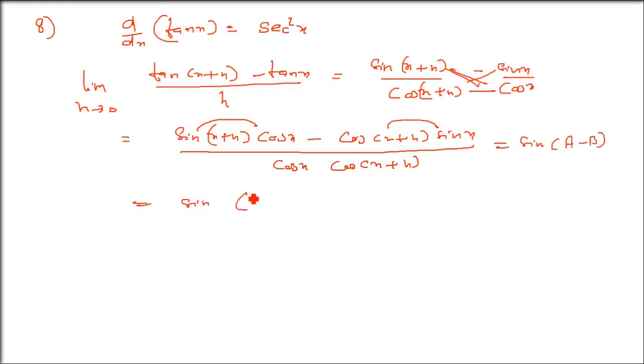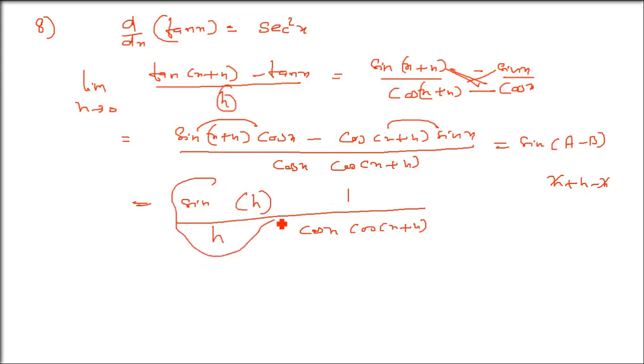So just use sin(x plus h minus x). The x gets cancelled, you only have h. Now if you remember, there is already an h in the denominator. So I'm just shifting the cos x and cos(x plus h). So sin h by h is what? This is going to be 1. Sin h by h is 1.